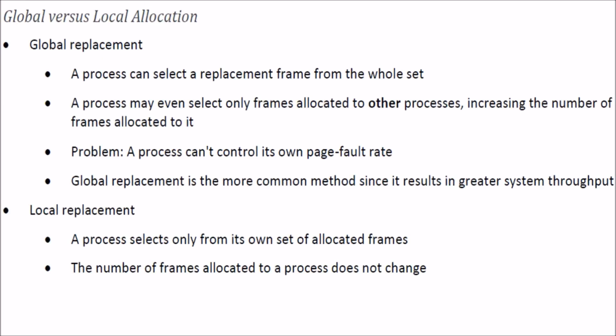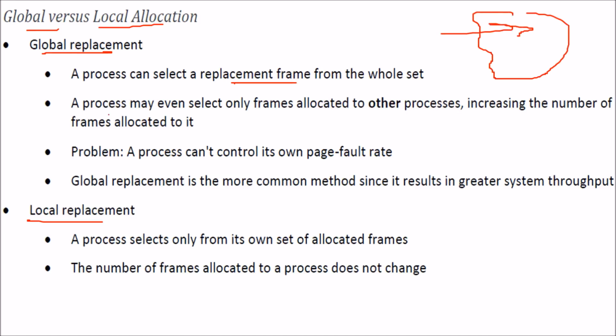So we can have global as well as local replacement. Global replacement means a process can select a replacement frame from the whole set of all available frames. In local replacement, the process selects only from its own set of allocated frames.